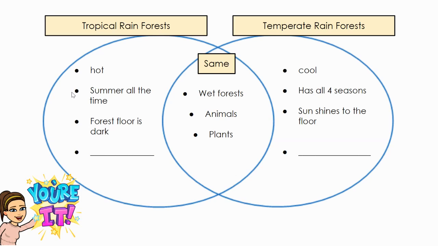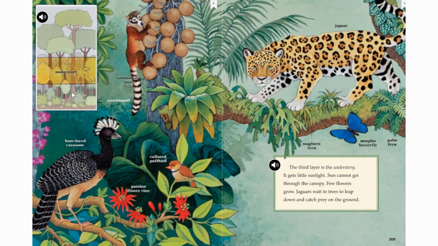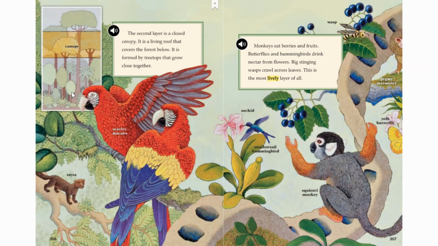So I'm wondering if you can take a look. These are animals that live in a tropical rainforest. So see if you can find the name of one of those animals. Those are tropical rainforest animals.